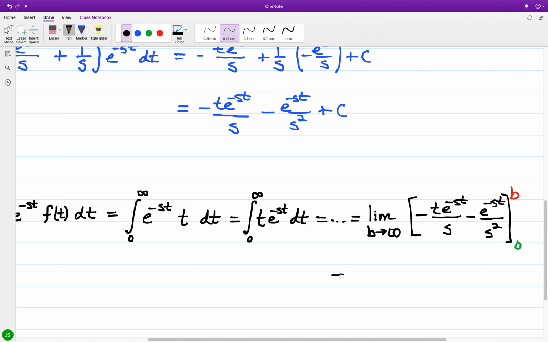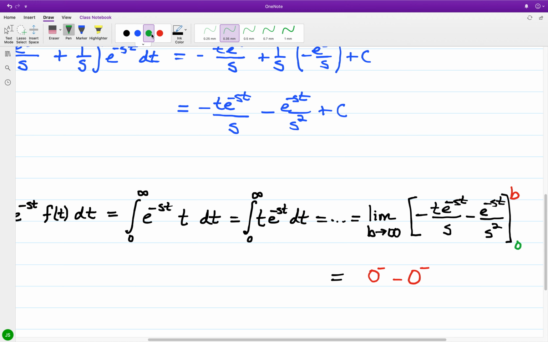For the upper limit at b, we have e to the negative infinity, so that would tend to 0 on the decreasing side, and again minus 0.